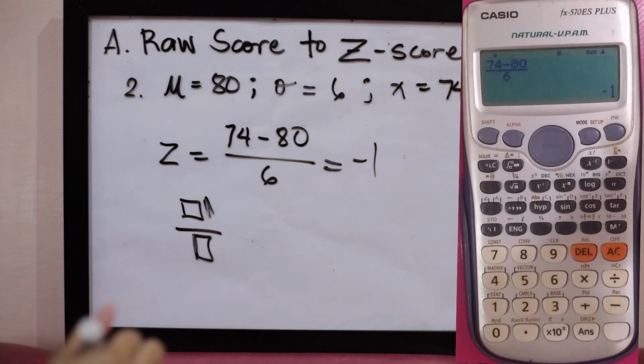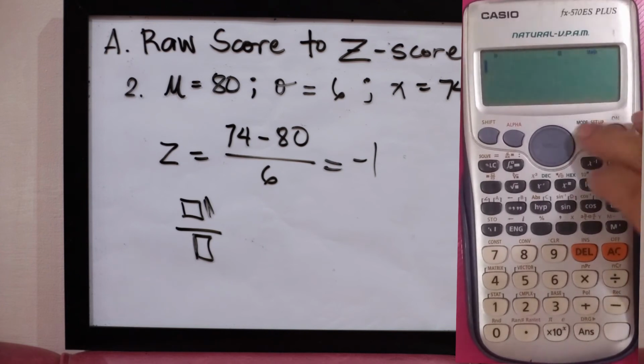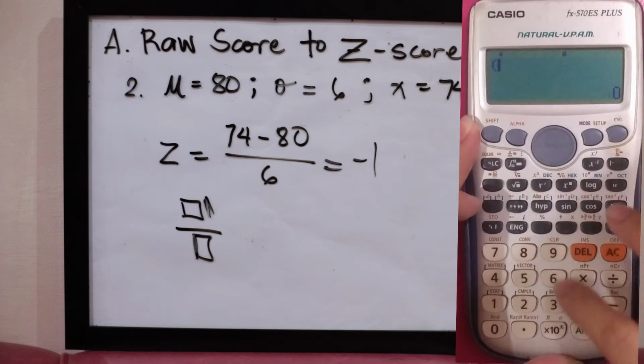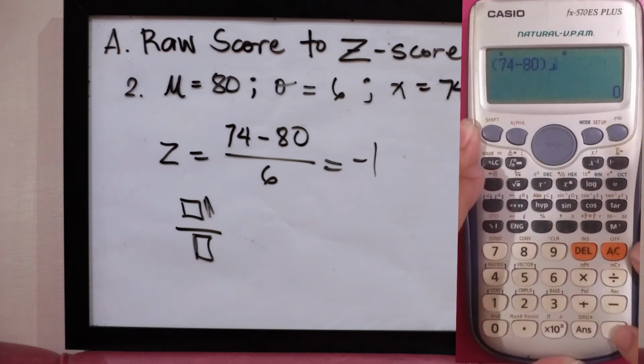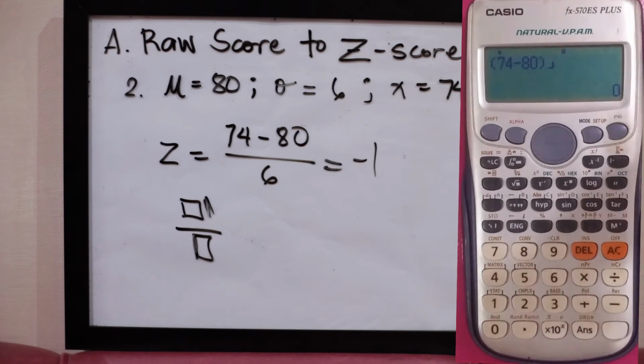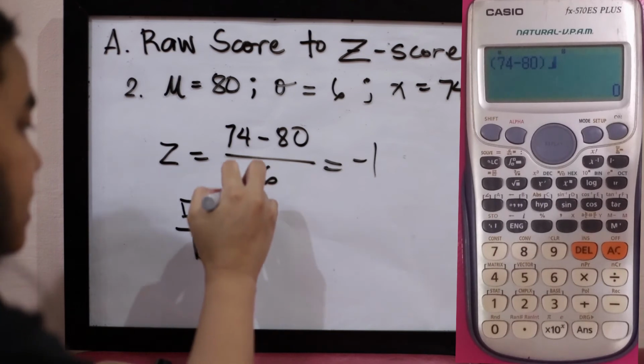And again, if the screen of your calculator is just a 2-liner screen, all you have to do is enclose 74 minus 80 in parentheses, all over. You look for this symbol. This is for 4-liner.